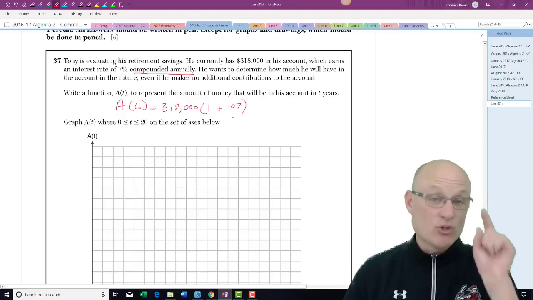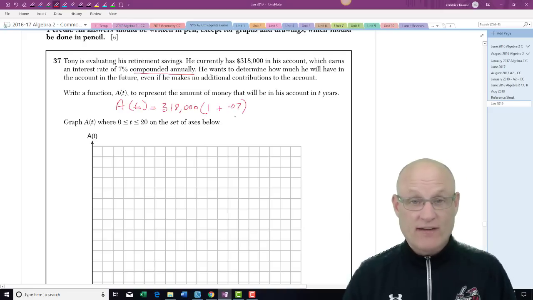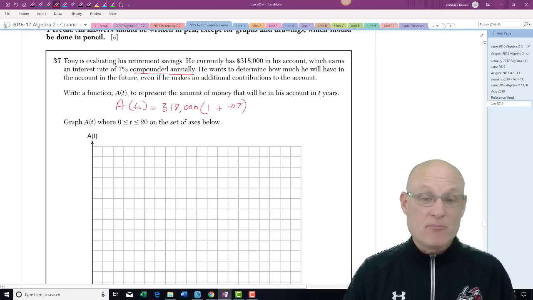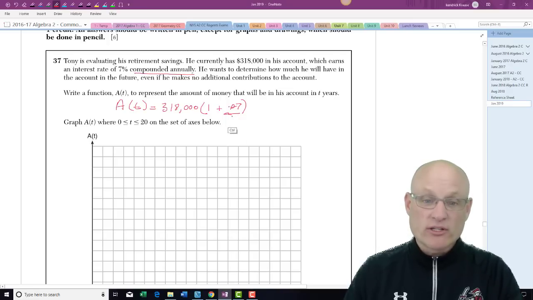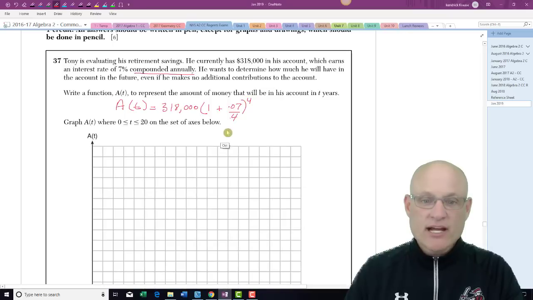I want you to get in the habit of doing that as opposed to 1.07, because if this was compounded monthly, you'd have to divide just this by 12. If it was compounded quarterly, you would have to divide this by 4, so on and so forth, and multiply by 4t, or if it's 12, 12t. But we don't have to do that. The nice part is it's just annually. They made it easy on us. So we just put a t there.